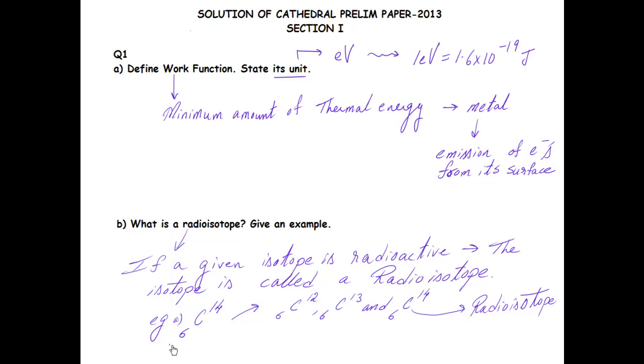Another example is iodine 131. There are several isotopes of iodine. However, the one with mass number 131 is found to be radioactive, and hence we call iodine 131 a radioisotope.